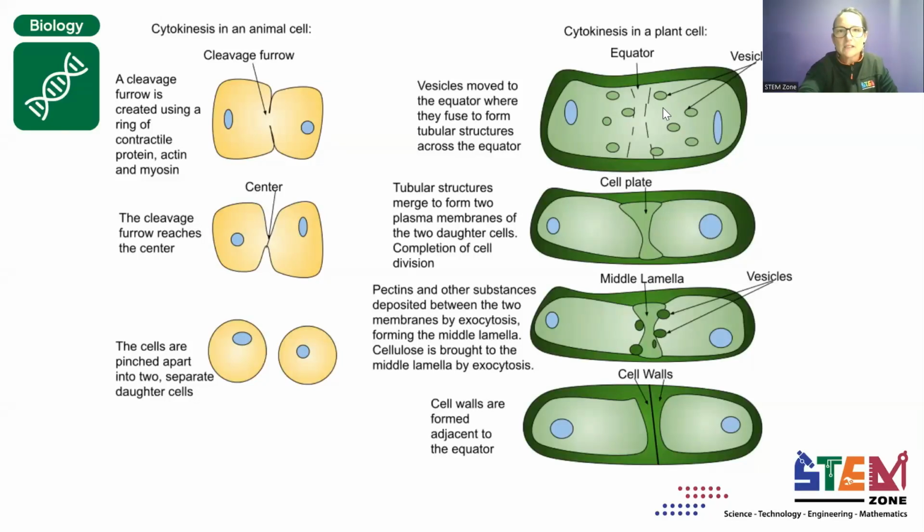So you can see a slightly different process where organelles on either side of the new daughter cells secrete different proteins and things that are going to form that cell plate. Eventually that will become the cell wall. Once those two sides are formed, that will then separate into two new separate plant cells, new daughter cells. So slightly different steps there because of the different structure of the cells.